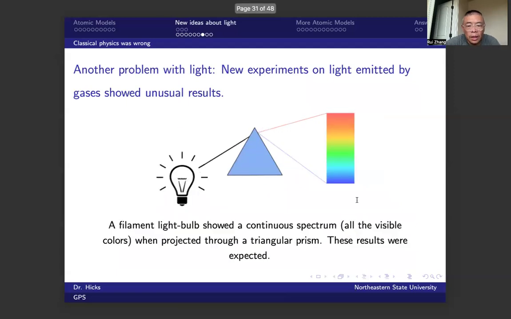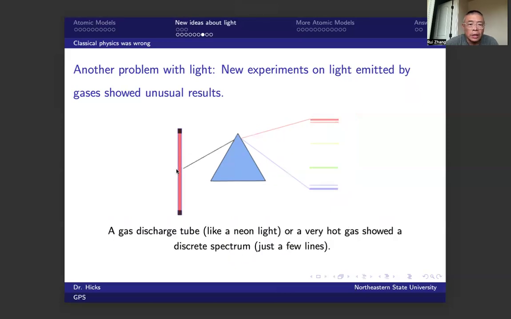Another related problem of light is that traditionally we know when you shine a white light through a prism, it gives you the whole spectrum of different frequencies or wavelengths of light.